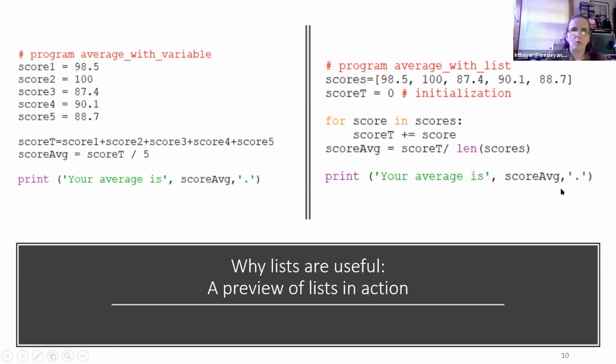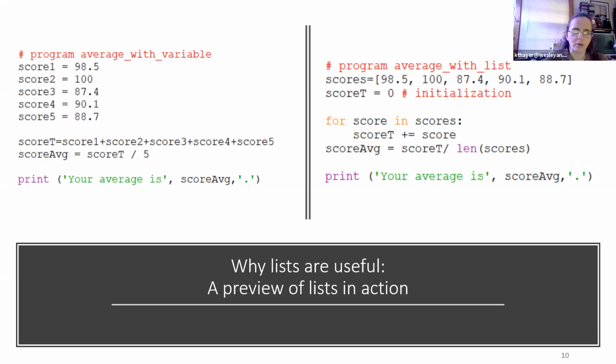So let's think about what the advantages are of doing things using a list. One of the reasons why this is so much more advantageous is to consider the possibility that there was an extra test score that we didn't think of. Pop test, surprise! The problem on the left, using individual variables, is that we would have to now define another variable that we didn't anticipate. We can't do that while the program is running, right?